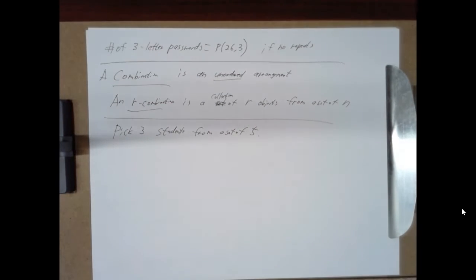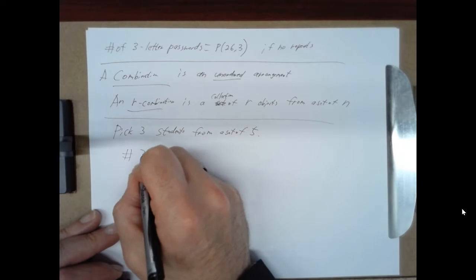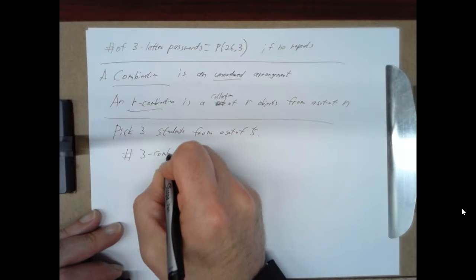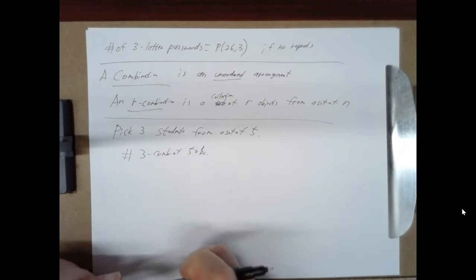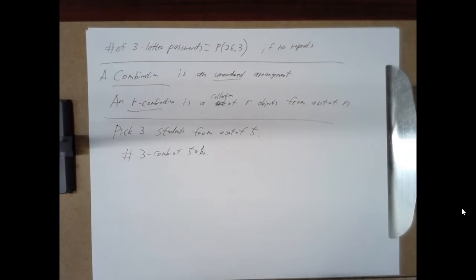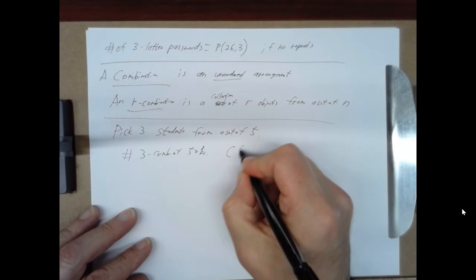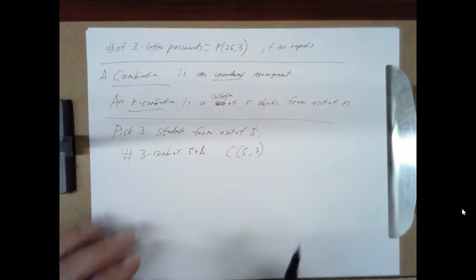But we're not standing them in a line. We're not saying you're first, you're second, you're third. We're just picking 3 students from a set of 5. That's the number of 3 combinations of 5 objects. And we could write this as C5 comma 3.